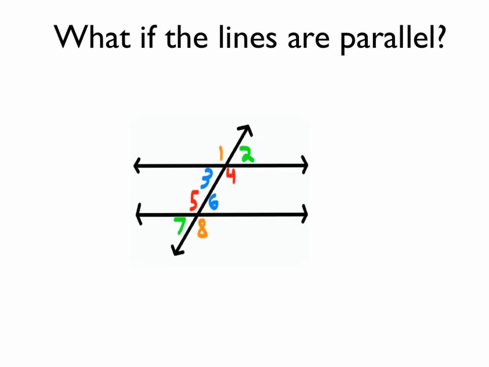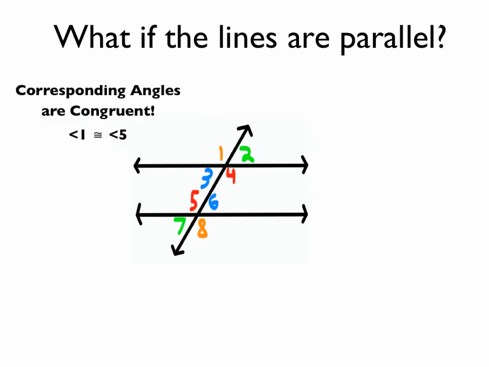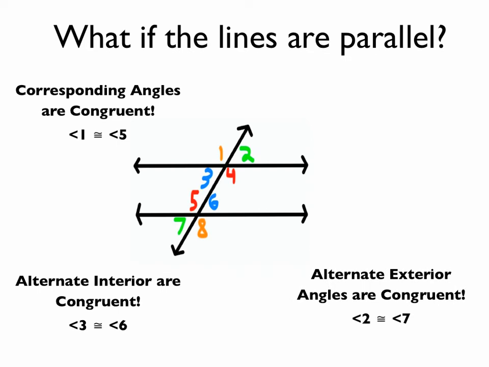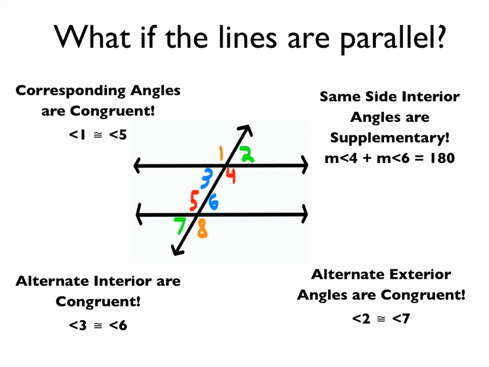Now, if the lines are parallel, what do we know? Well, we know that those angles are going to be congruent: corresponding angles, alternate interior, and alternate exterior. And what do we know about same side interior angles? They're supplementary.